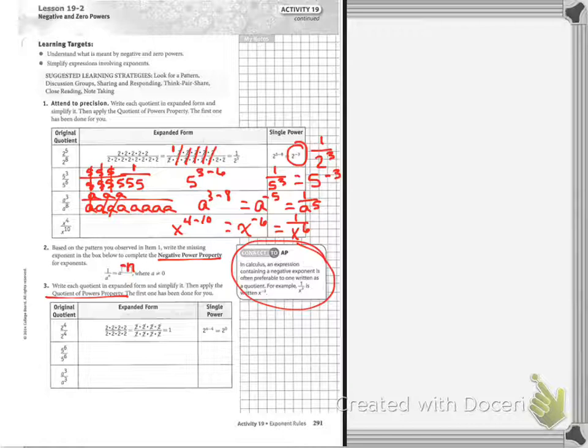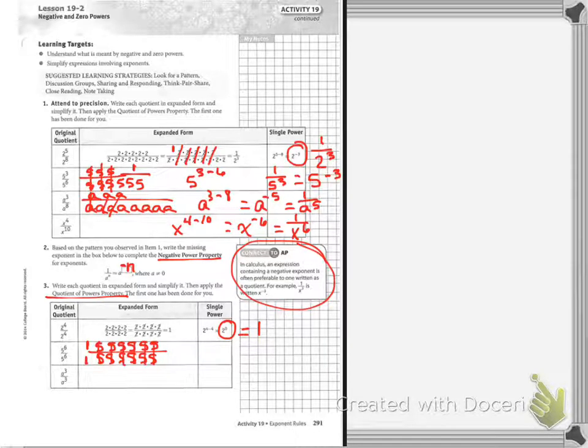So 2 to the 4th over 2 to the 4th. Well, anything divided by itself is 1, because we have a 0 exponent. So anything to a 0 exponent is equal to 1. So if you look right here, we have 6 5s over 6 5s. 5 divided by 5 is 1.